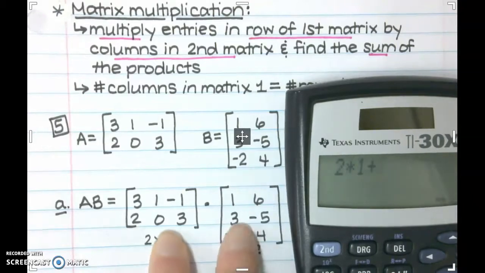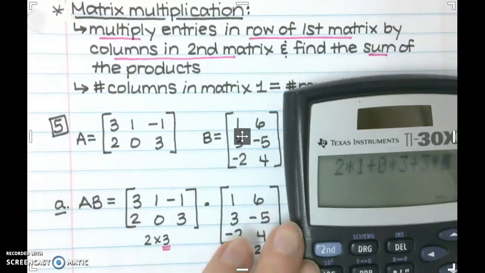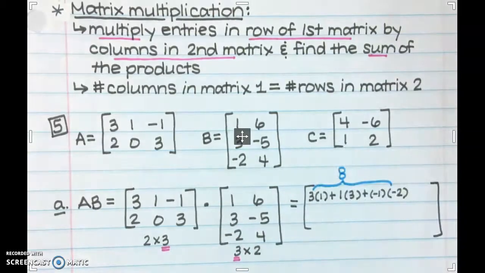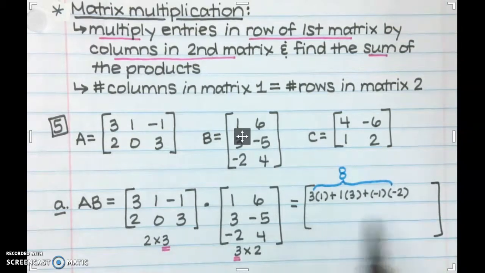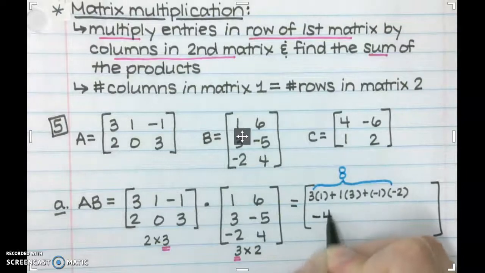Then I'm going to multiply 0 times 3, so I'm moving across this row, down this column. And then the last one here, 3 times negative 2. When I find those products and add them together, I get a sum of negative 4. So second row, first column is negative 4.